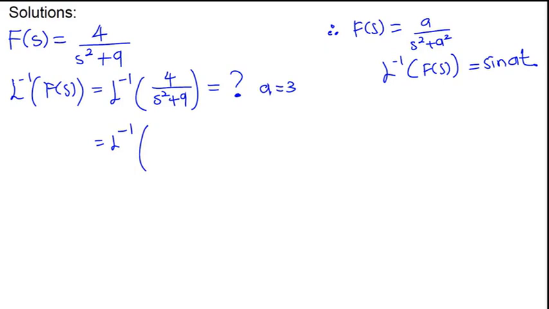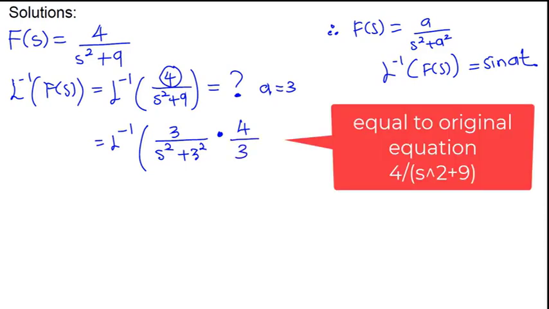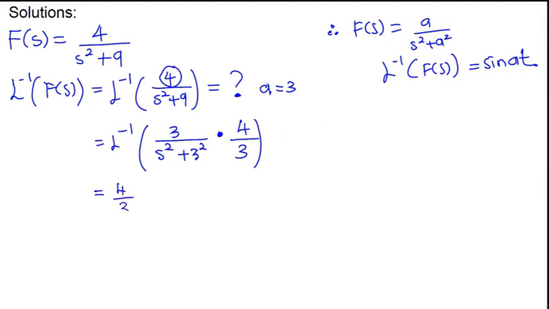But the question given is 4, so you need to multiply by 4 over 3, because you can cancel this. So you factorize 4 over 3, and you get 4 over 3.